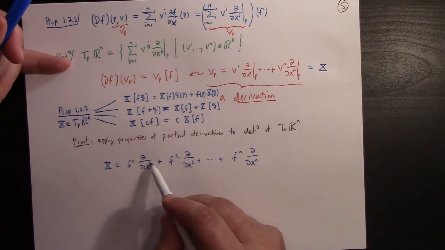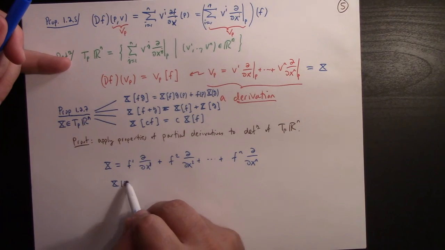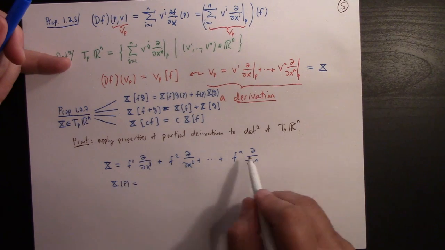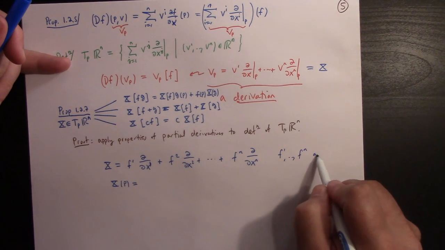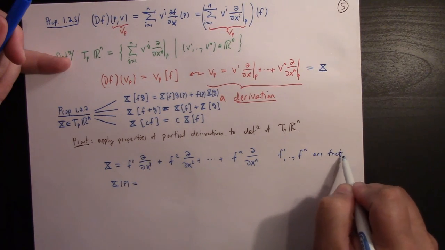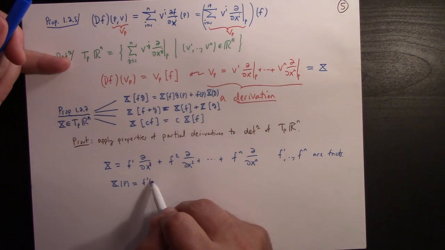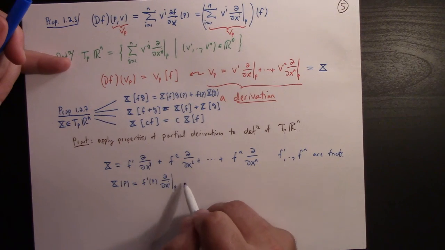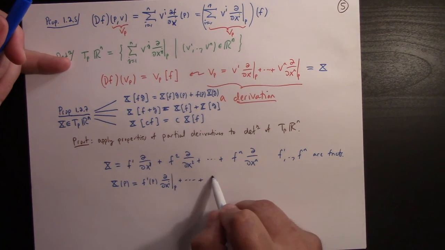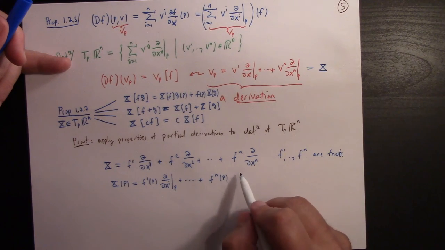So if you drop, there's sort of the obvious thing. What would X at the point p be then? Well, these f1 through fn are functions, right? And so X at p, you just plug the point into the component functions, and you take your partial x1 and you put p on it, and so forth, right? So we can talk about vector fields.